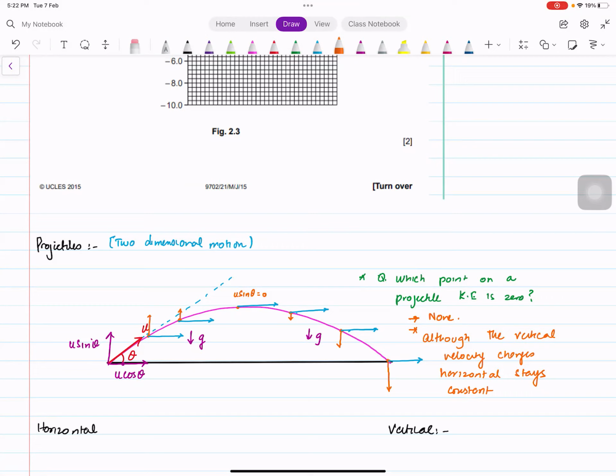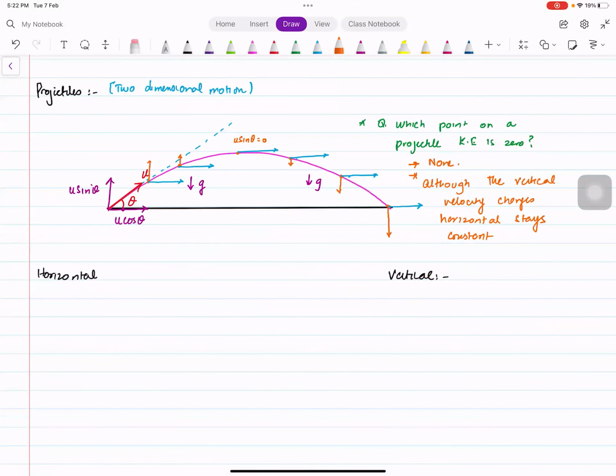Now, speaking of this, I also want to tell you that if you just follow what I'm going to tell you right now, you will never get a projectile question wrong. So for horizontal, you will need only three quantities. You will need displacement, which is d. Okay, that's right. And that displacement is basically this horizontal displacement, d.